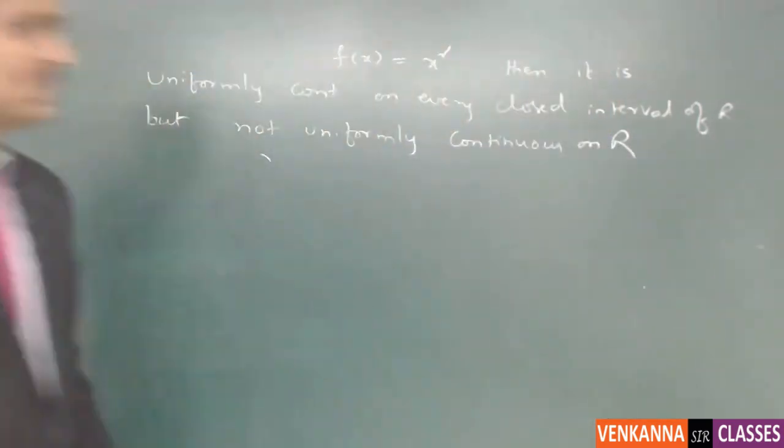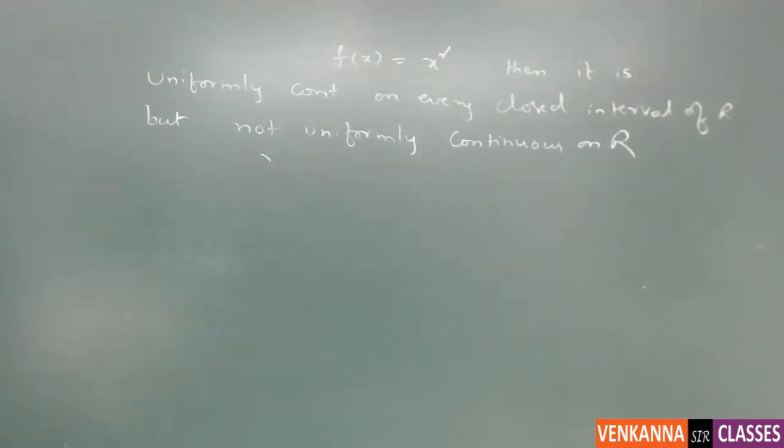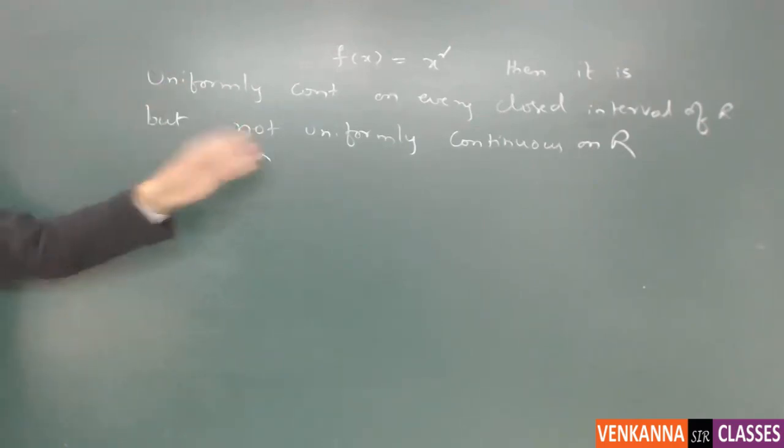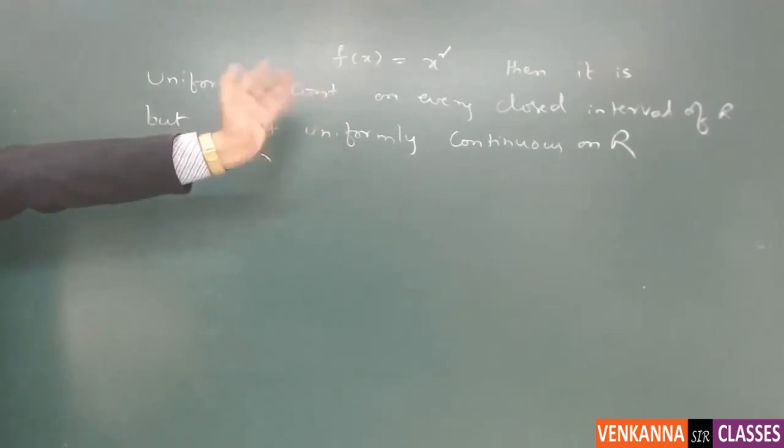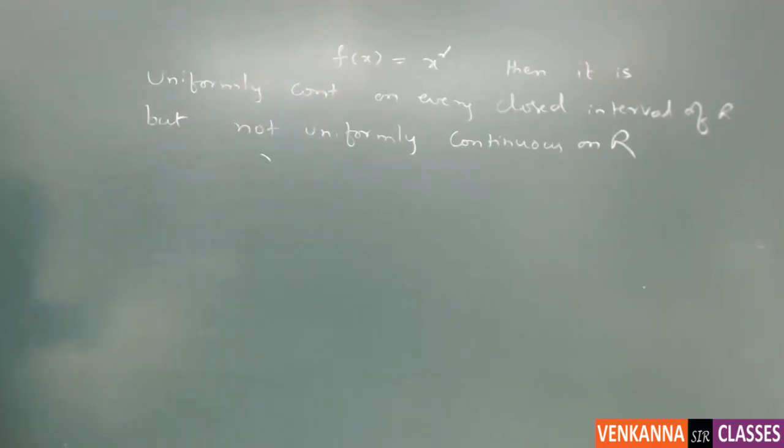Now what it is given, if you take any closed interval for R, then it is uniformly continuous. If you take the whole system R at once, it is not uniformly continuous. That is the objective, isn't it? Right.